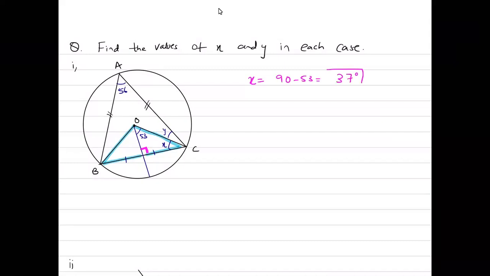Okay, good. Now help me find y. I'll give you a hint. Consider triangle ABC. Well, triangle ABC is an isosceles triangle. So can I say that this complete angle and this complete angle are going to be equal?